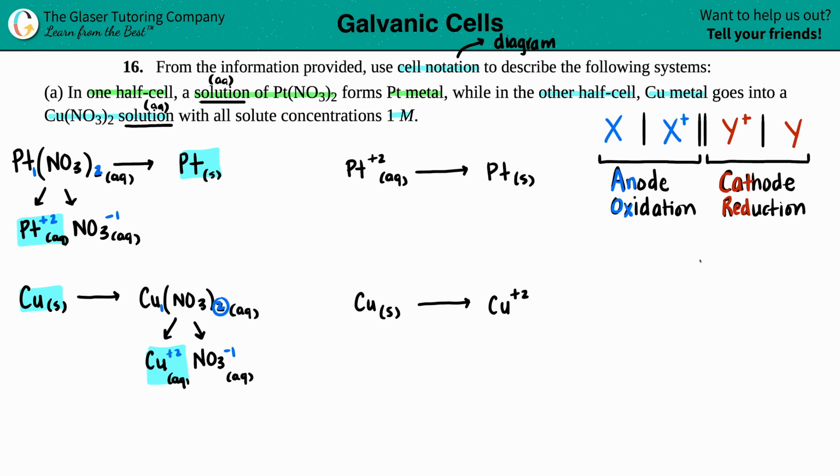Okay, but it comes down to what's going on at the anode, which is always oxidation, and then what's going on at the cathode, which is always reduction. So you could always memorize this by knowing that an ox is always first, and then red cat, reduction cathode.